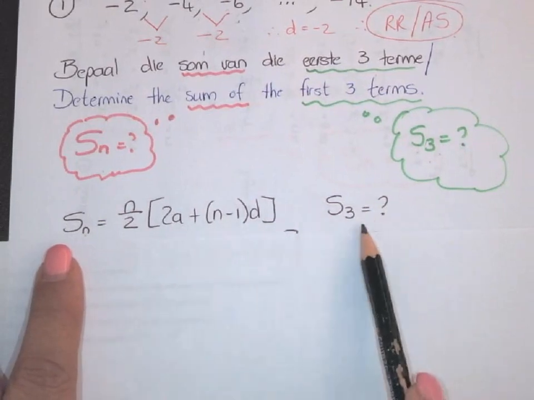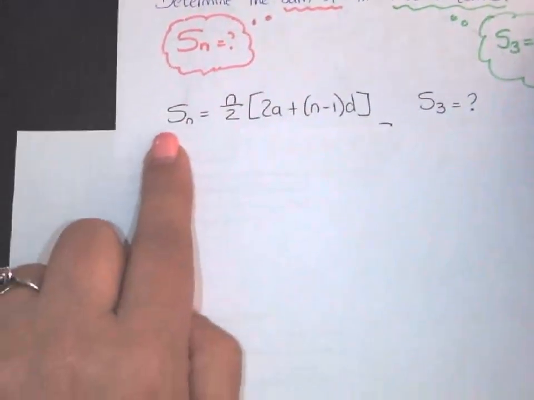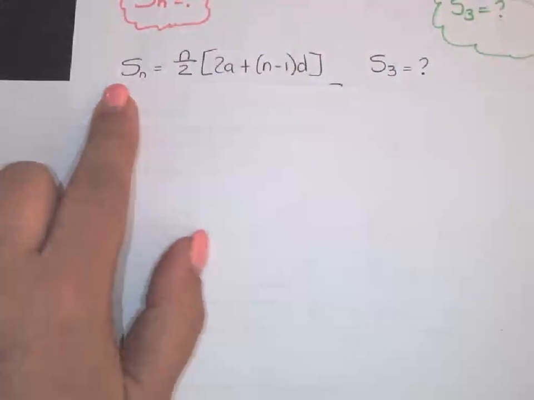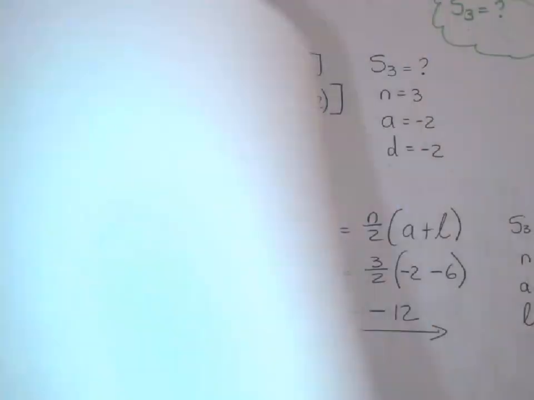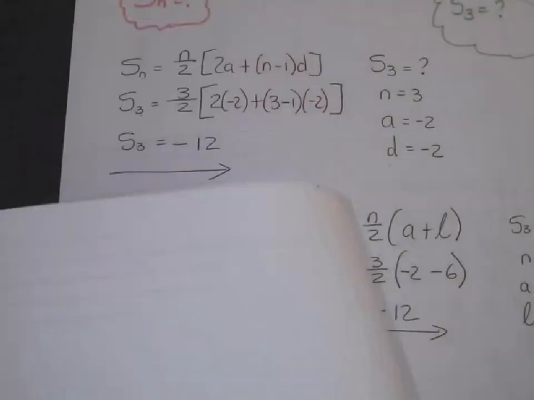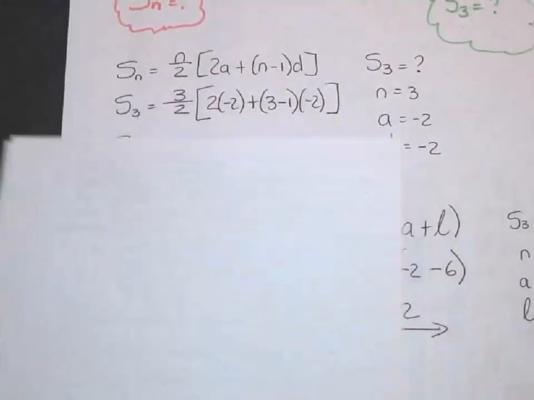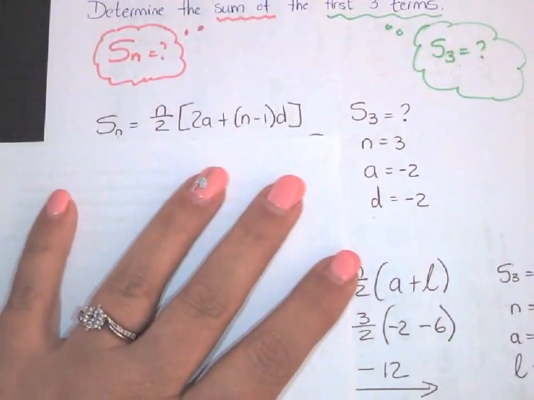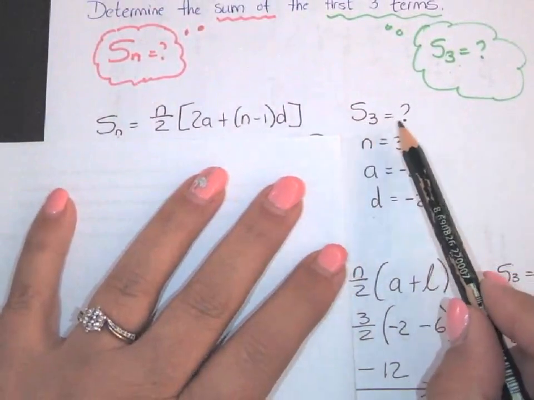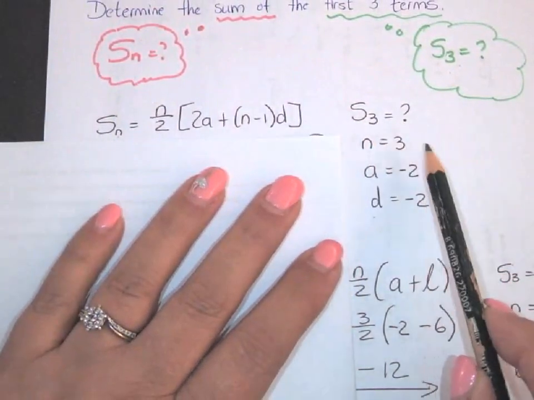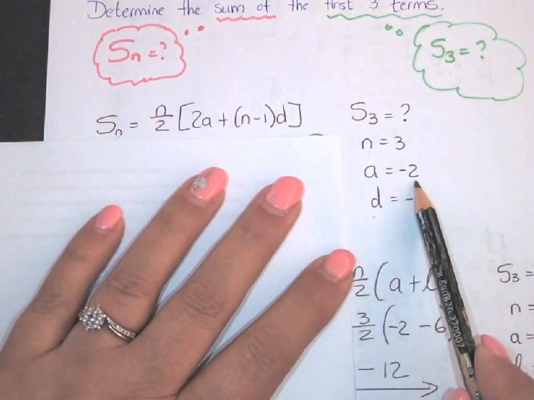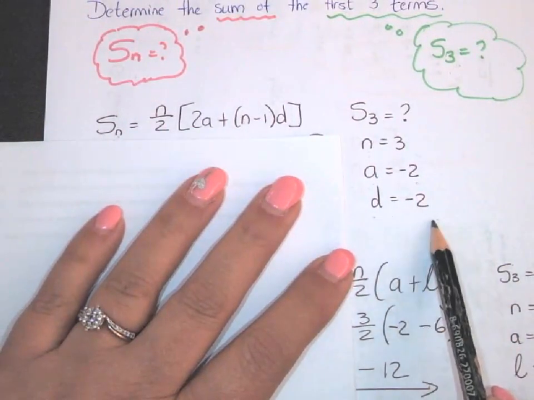I want S3, but now I have a problem, because, well, it's not this one. No problem here. I want the sum of 3 terms, so n is 3, a is -2, d is also -2.